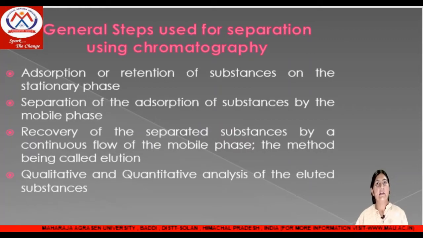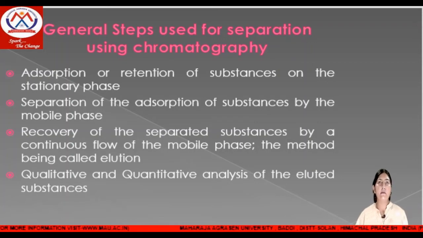Now we will discuss the general steps which we can use for the separation of different analytes using chromatography. First of all, we have a stationary phase on which the adsorption or retention of the substance is done. Second is the separation of adsorbed substances by the mobile phase.